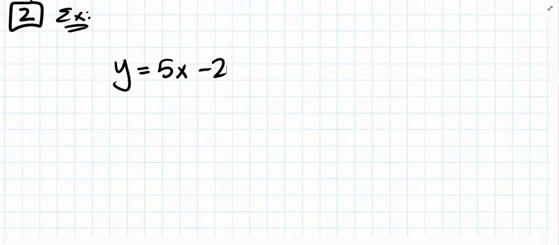Okay, here's an example. Y equals 5x minus 2. So first thing I'm going to ask you, is this equation the equation of a line? How do you know? Because it has a slope and it has the y-intercept. Well, okay. What if I did this? Now is that an equation of a line? Well, did I change the 5 or the 2? No, I didn't.